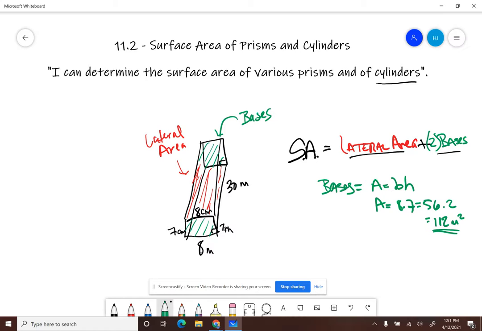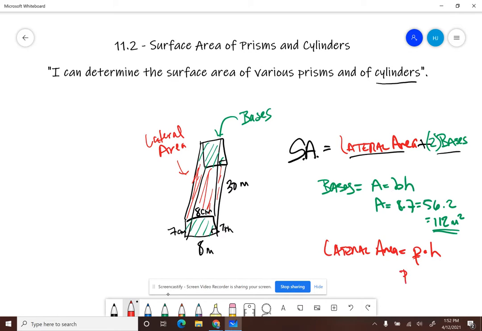Well, how in the world could we figure out this lateral area? Well, I can look at this as individual little rectangles, but that's probably going to be time consuming. So what I want you to think about when we're talking about lateral area, okay, lateral area really is P times H. Now you're thinking, what in the world is P?